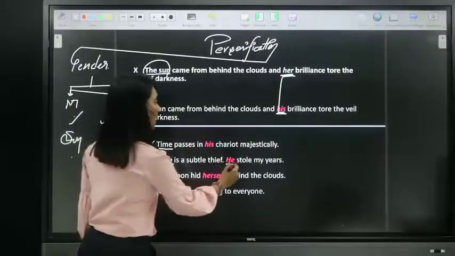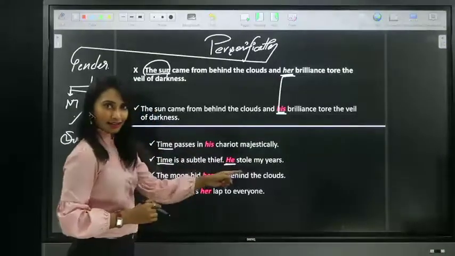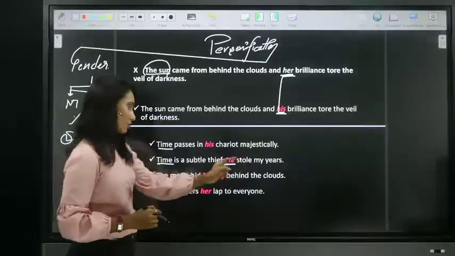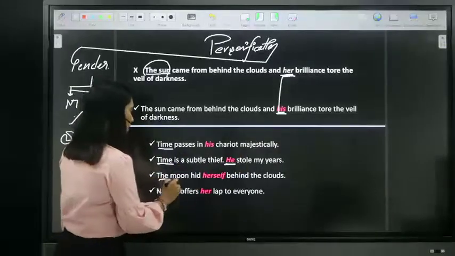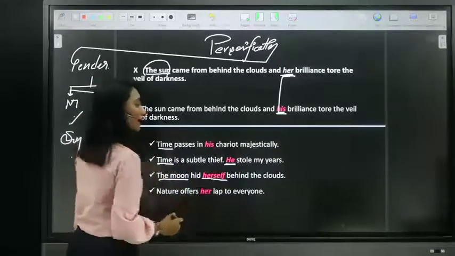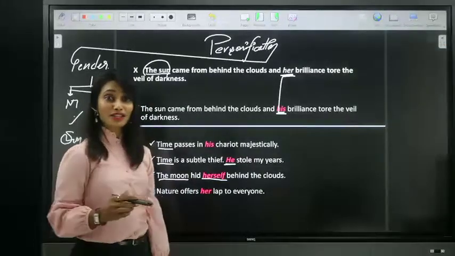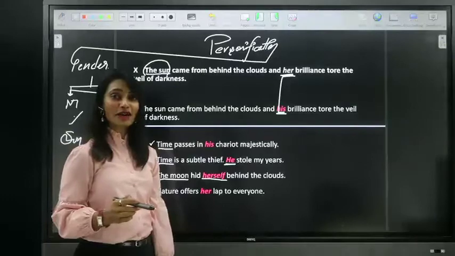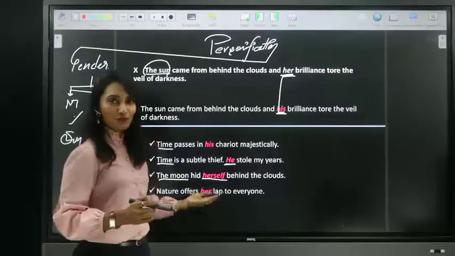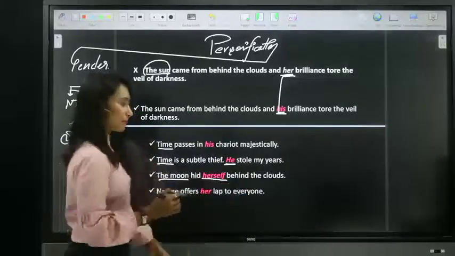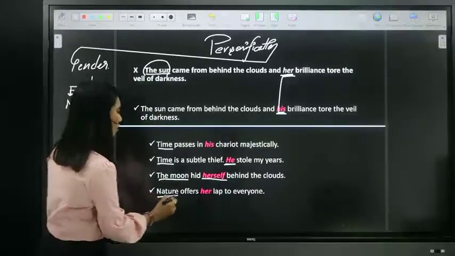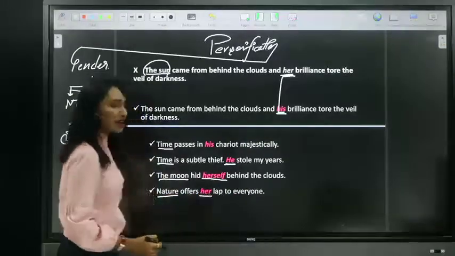He stole my ears. Again, time, masculine. So, he. The moon hid herself behind the clouds. Moon, we discussed yesterday, when personified, comes under feminine gender. So, herself. Next, nature offers her lap to everyone.